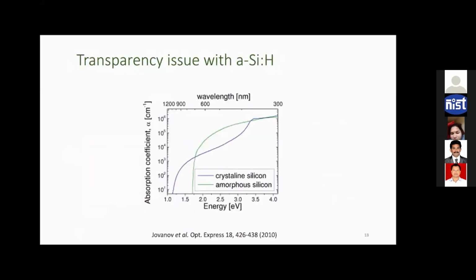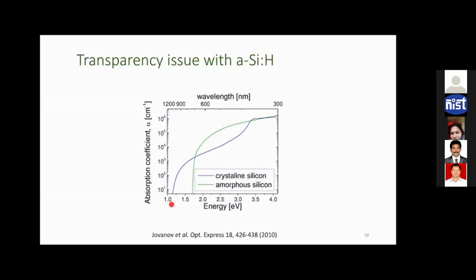So let us see. This shows you the absorption coefficient as a function of energy. Crystalline silicon, having a band gap energy around 1.2 electron volt, absorbs all the energy greater than its band gap energy. And this absorption coefficient is a measure of how efficiently your semiconductor is absorbing the light.